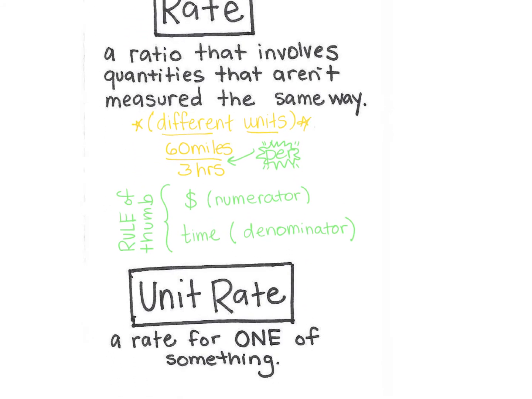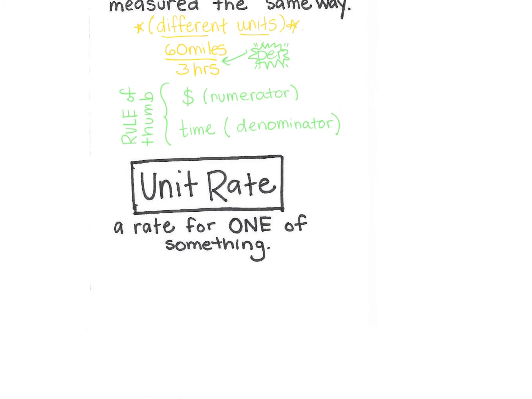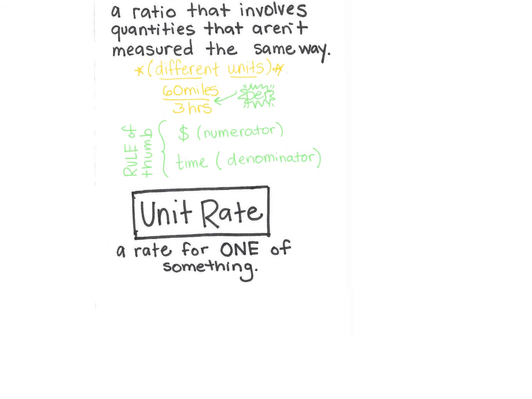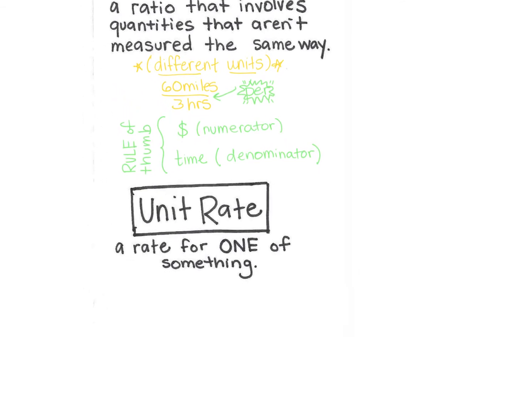And last but not least, for definitions is unit rate. This is going to be a rate for one of something. One is the important piece here, one of something. And it can be 1 day, it can be 1 minute, it can be 1 person, anything like that.